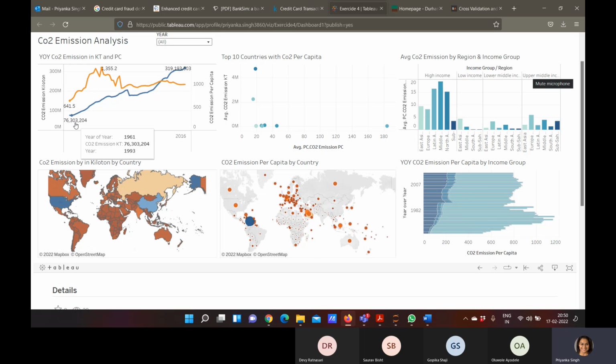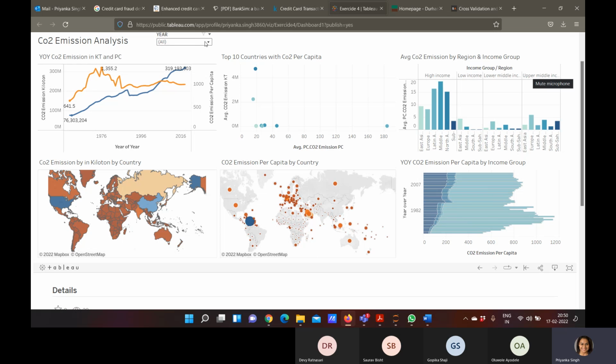If you look at the emission in KTs, it was 76K way back in 1963, and then it starts increasing every year, and now it's like 1390 19K in the recent year.